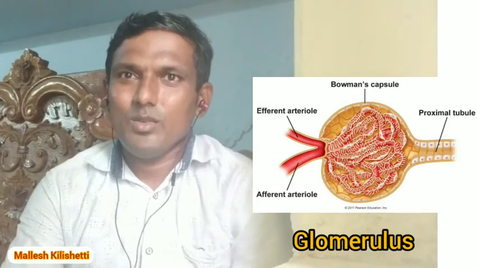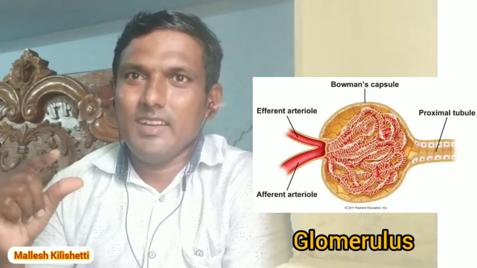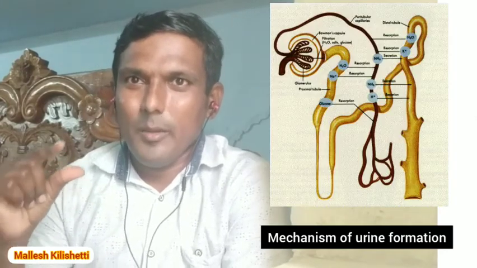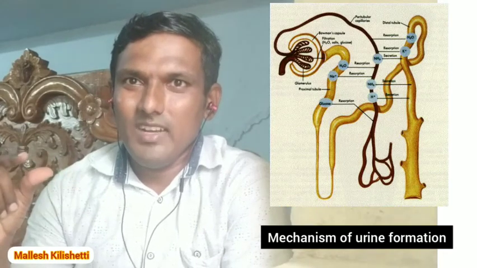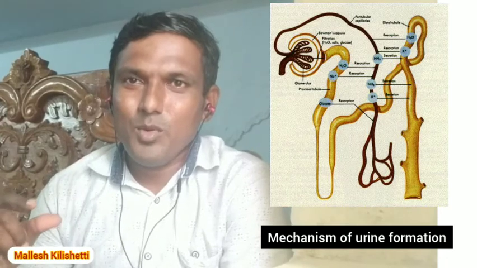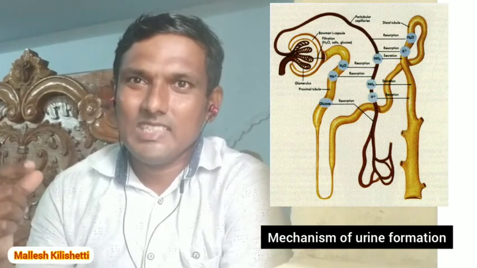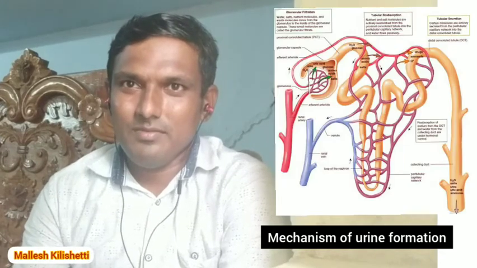Next we will go to the renal tubule. The renal tubule contains mainly three parts: PCT, loop of Henle, and DCT. PCT means proximal convoluted tubule, also called the first convoluted tubule.